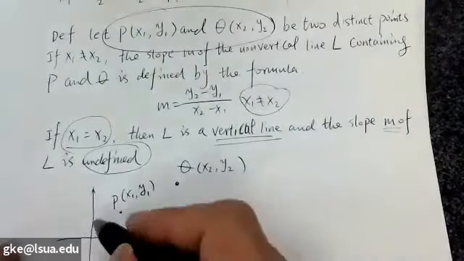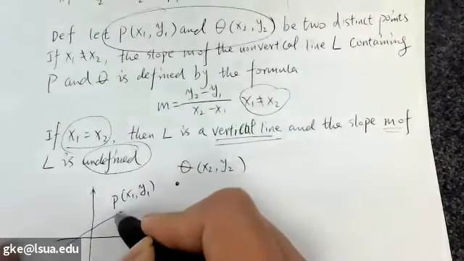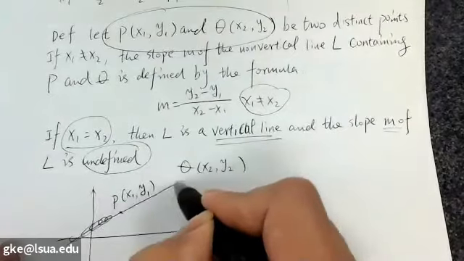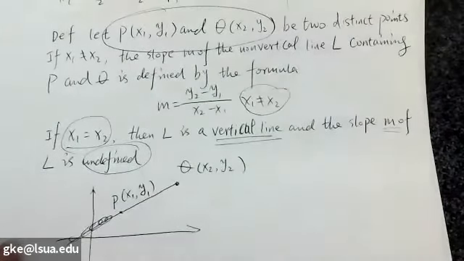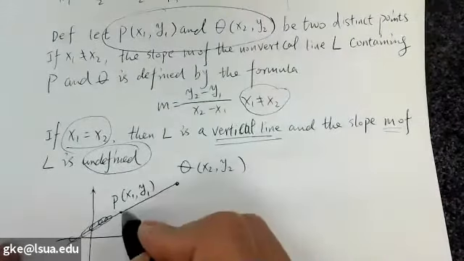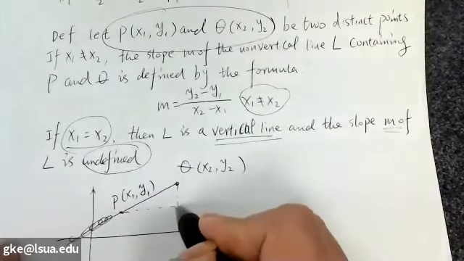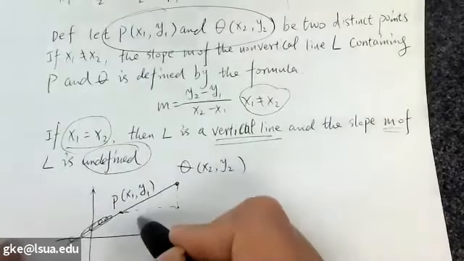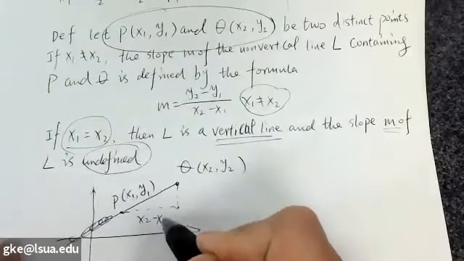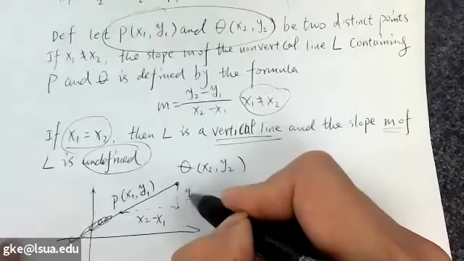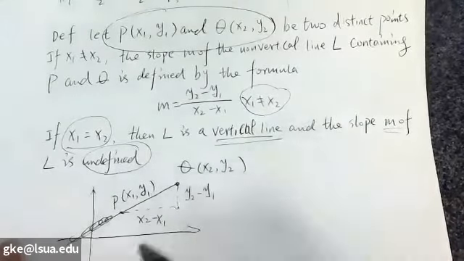So we have the line, right? And it's very clear we can tell the length of this side is x2 minus x1, and the length of this side is y2 minus y1.